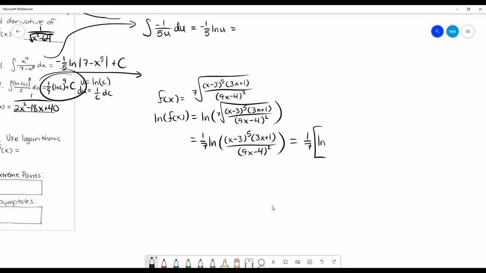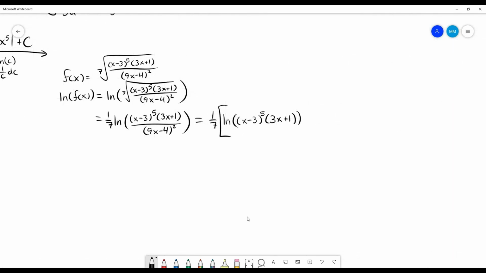So I'm turning it now into just this top part divided by this. And remember, when we're dividing the insides of our logs, I can split that up into the log of this top part minus the log of this bottom part. If you're confused as to how that works, that's just the log rules that we know from probably pre-calculus. So then I can write it like this.